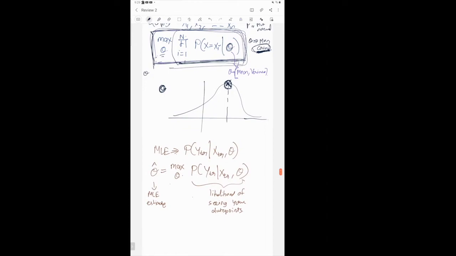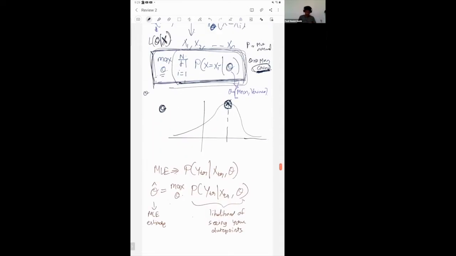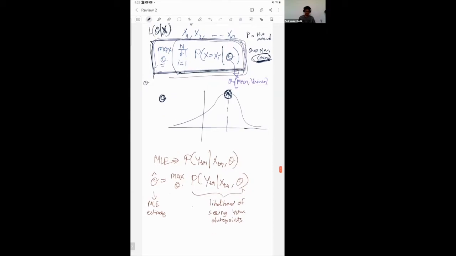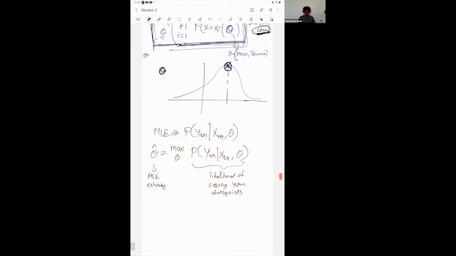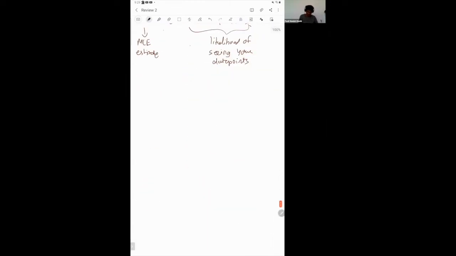So now, what I wanted to do is relate this maximum likelihood estimate to all the machine learning that we have been doing till now.